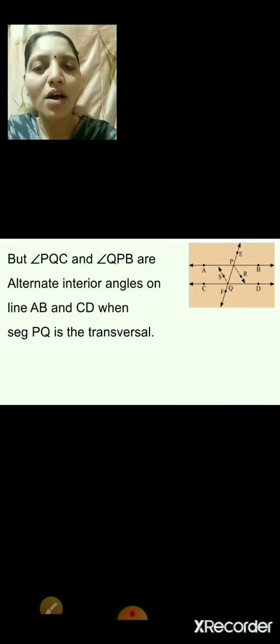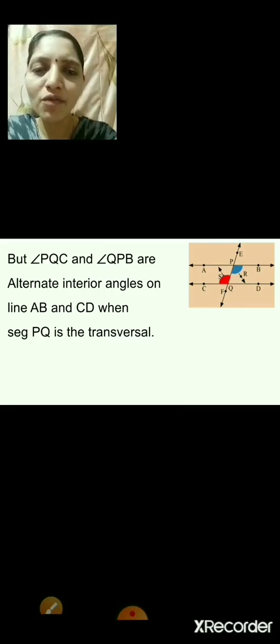Now angle PQC and angle BPQ are the alternate interior angles on line AB and line CD when segment PQ is the transversal. So these two angles whatever we have shown are congruent. They are alternate interior angles.